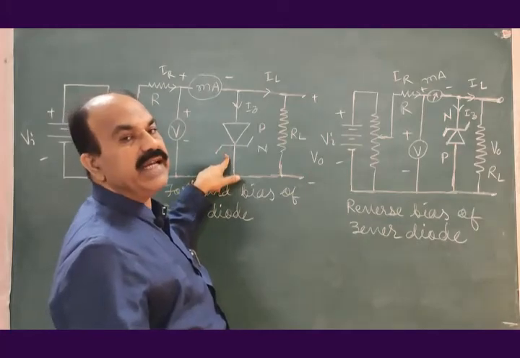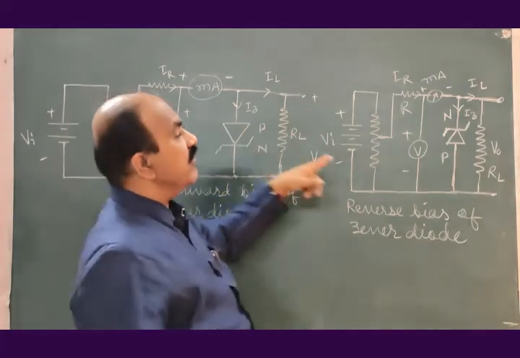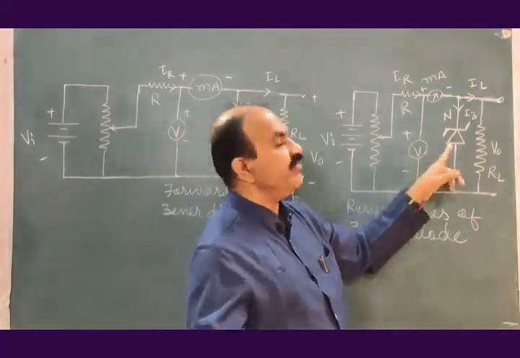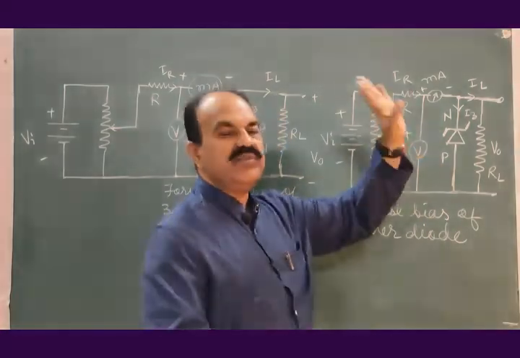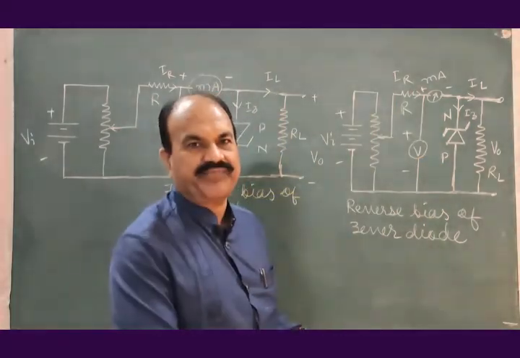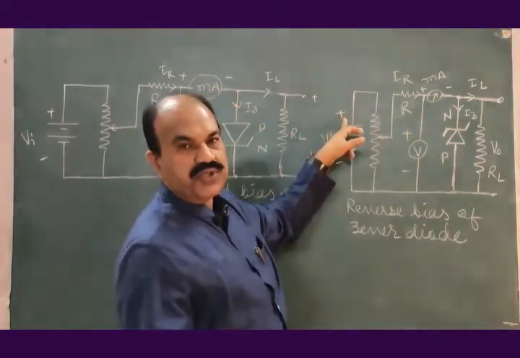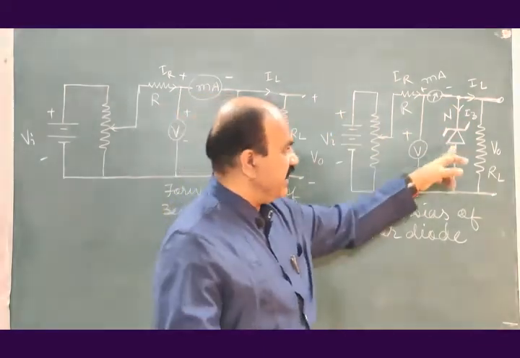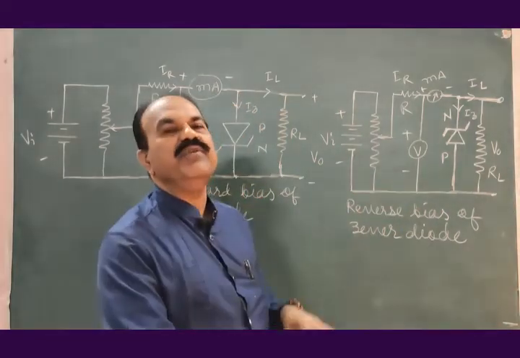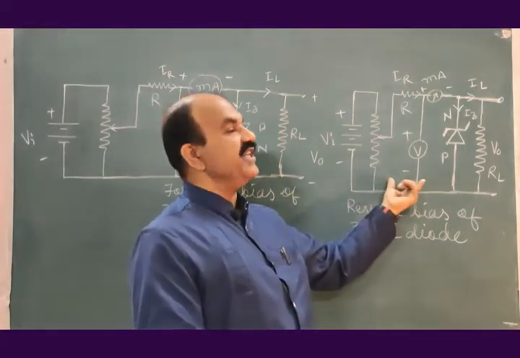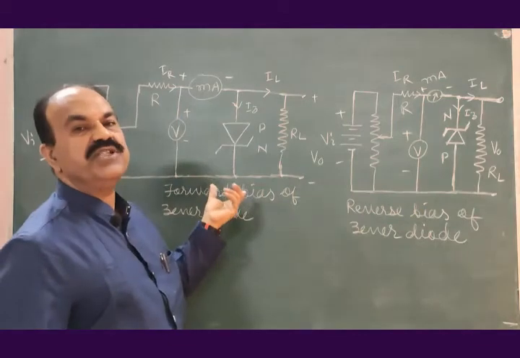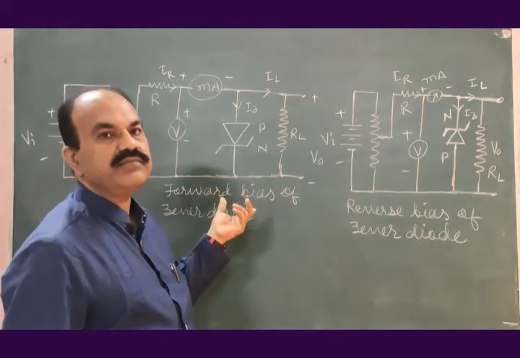Here the N type is downward, P type upward. Here the N type is upward, P type is downward. The rest of the connections are the same. The N type is connected here to the positive of the power supply, P type connected to the negative. Here it is used in reverse bias, here it is used in forward bias.